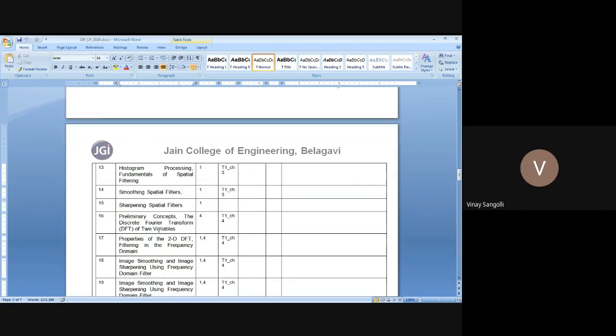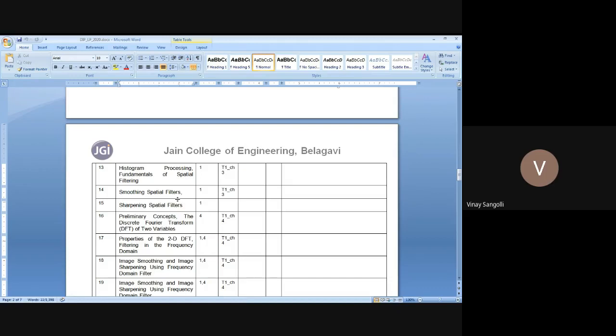Going ahead, the next very important thing we have is your DFT techniques, discrete Fourier transform, which you already studied in your DSP, that is digital signal processing. So we'll be using the same concepts here in your DIP, and we'll try to restore an image, or study an image, using these DFT techniques.